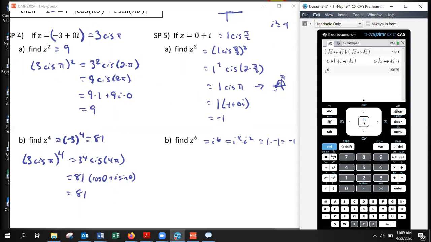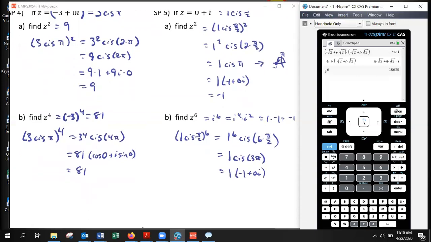So z to the 6 would be 1 cis pi over 2 to the 6th power, which is 1 to the 6th cis 6 times pi over 2. So that's 1 cis of 3 pi. And 3 pi, if you remember, is coterminal with pi. So really, this is just going to give us the exact same answer that we had before. So 1 plus 0i, or just negative 1.